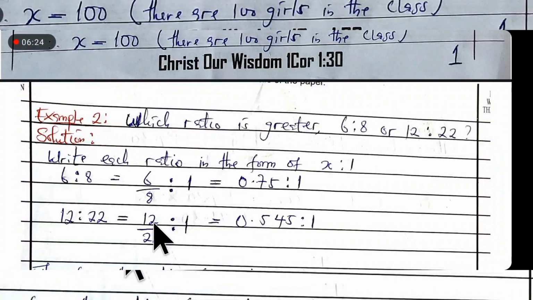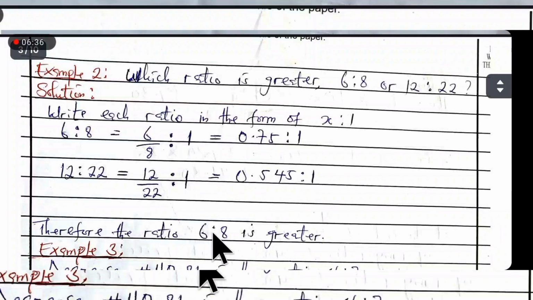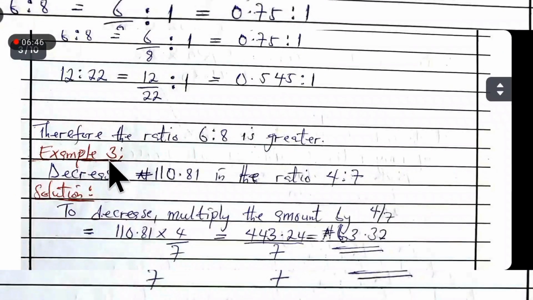This is going to be equal to 12 divided by 22, which is 0.545 ratio 1. So therefore, if you look at these two ratios, you discover that the ratio 6:8 is greater, because look at it, 0.75 is greater than 0.545.